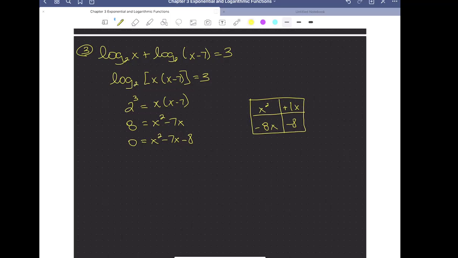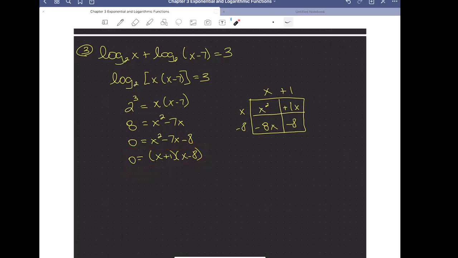So we know we're going to multiply by a negative 8 and a positive 1. Then we pull out those common factors. On top I get an x, over here a positive 1, then an x and a negative 8. So this factors into x plus 1, x minus 8. Some of you can get to this point without doing the area model, and that's great.